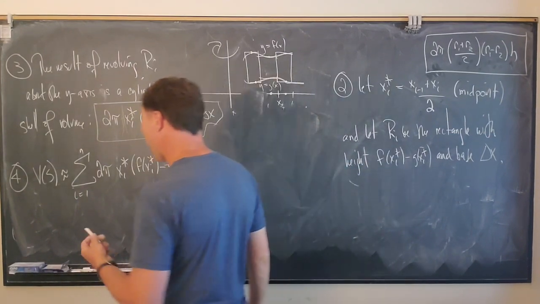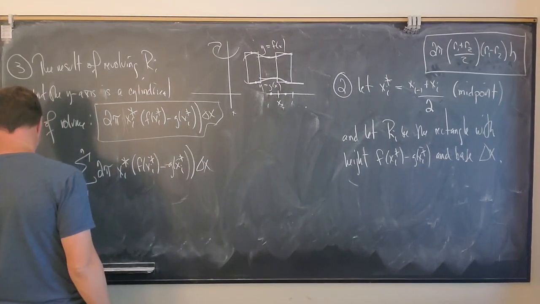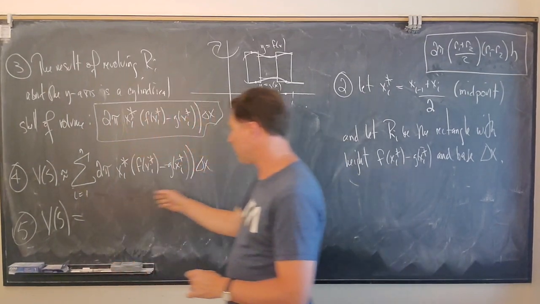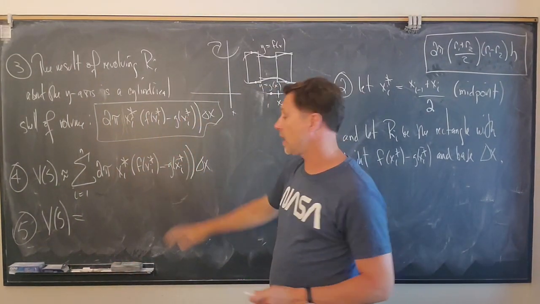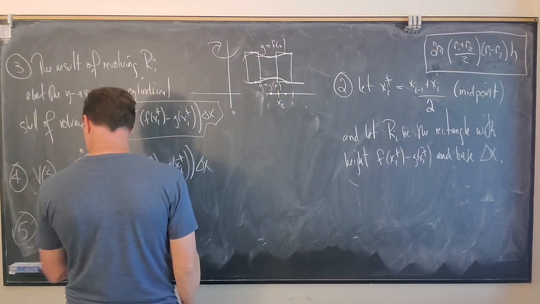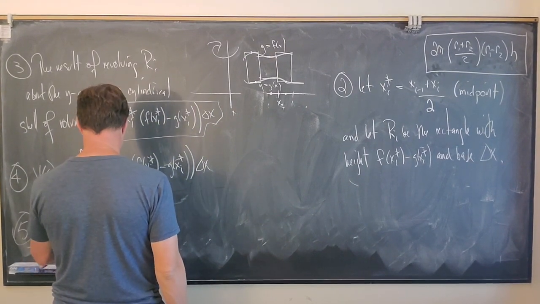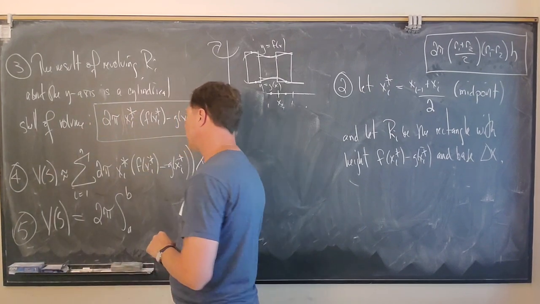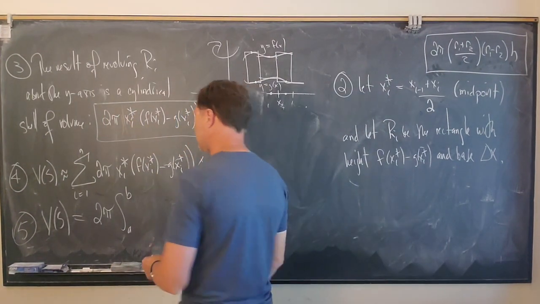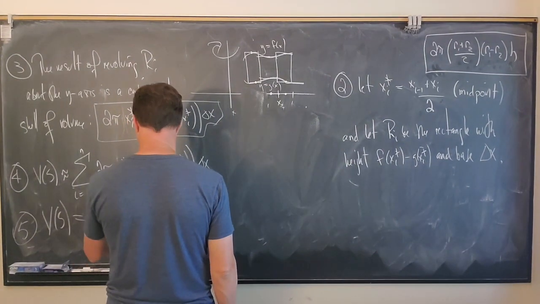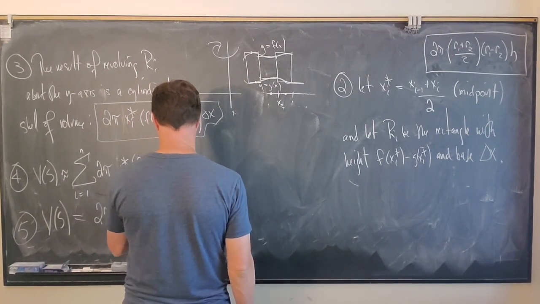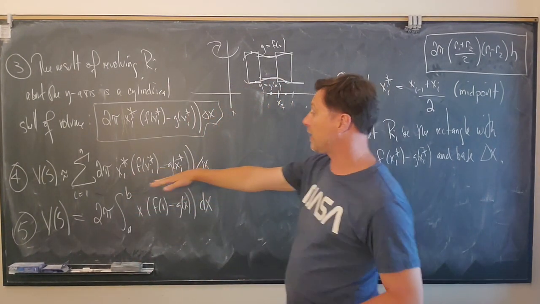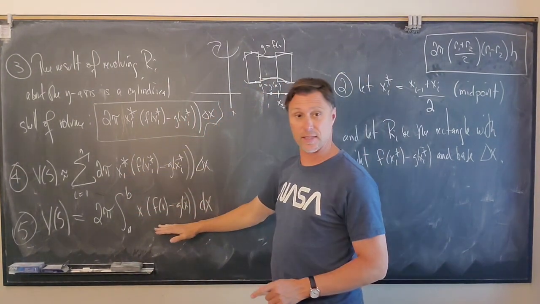And so now if we want the actual volume, so let's call this step 5, the volume of S is going to be the limit of this right here, this Riemann sum. If you imagine taking the limit, what we get, whenever you have continuous functions, can be computed as a definite integral. So we'll get 2 pi times the integral from a to b of x times (f of x minus g of x) dx. Right? Just take the limit as n goes to infinity, and here's what we get: this definite integral.